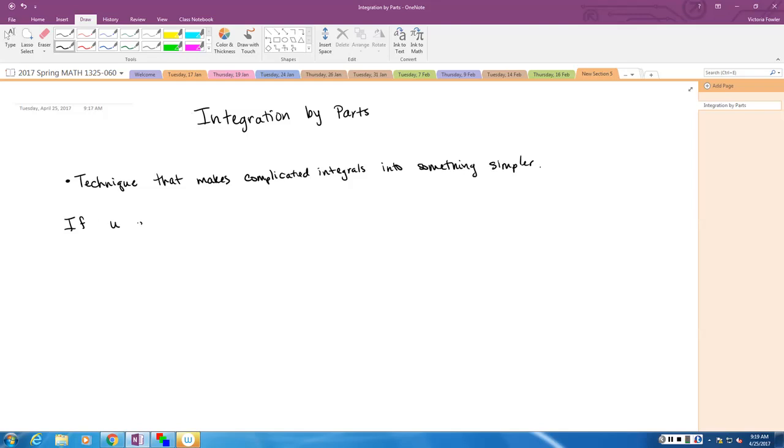It says if U and V are both differentiable, then the integral of U dV is equal to U times V, so UV, minus the integral of V du.